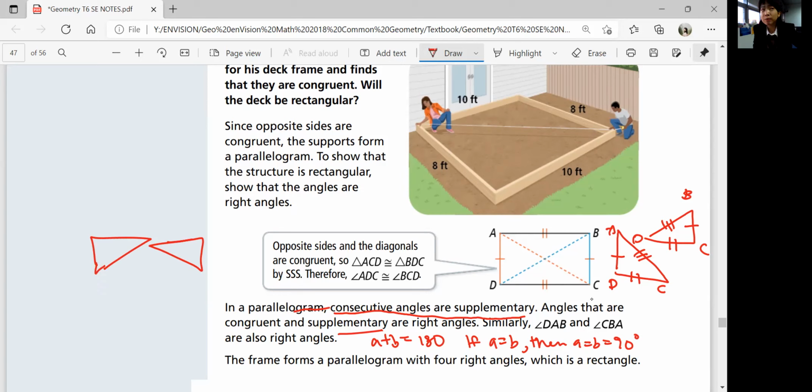The triangles are congruent by SSS, and since the parallelogram has consecutive angles that are supplementary, you know they're going to be congruent and supplementary, which is right angles. So the frame forms a parallelogram with four right angles and congruent angles, which is a rectangle.